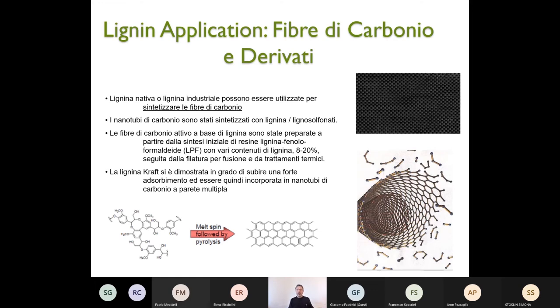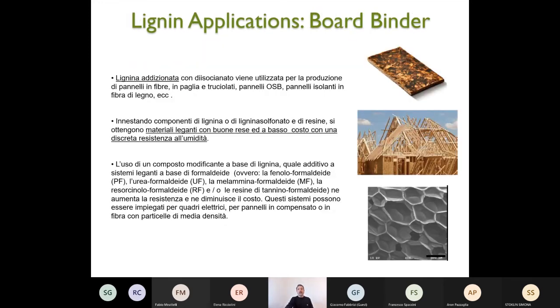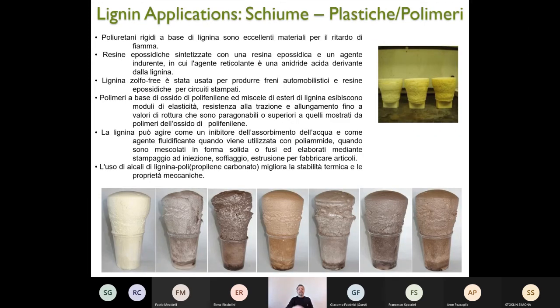It can be used as a binder for a lot of materials, panel production, and some foams. For example, in our laboratory, we are working to produce a biopolyurethane, a biopolymer obtained from lignin that substitutes insulation systems in houses or buildings.